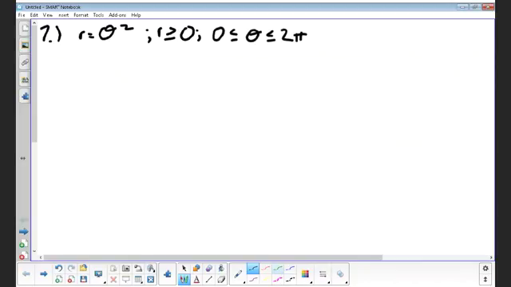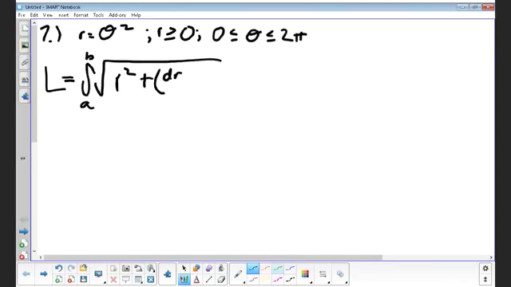Now then, the arc length formula in polar coordinates. Another important thing to remember. We have the integral bounds of integration a to b times the square root of r squared plus dr d theta squared d theta. So, pretty straightforward. Just plug in what we've already been given.